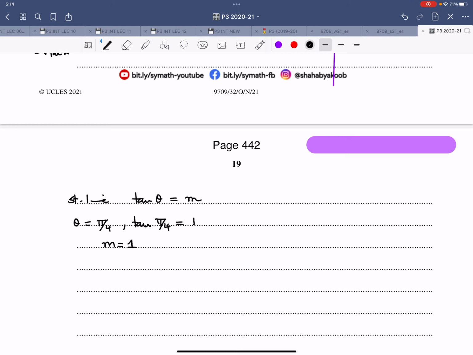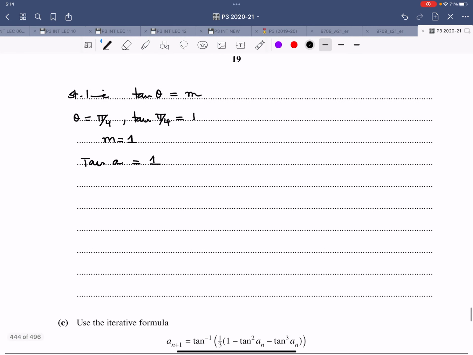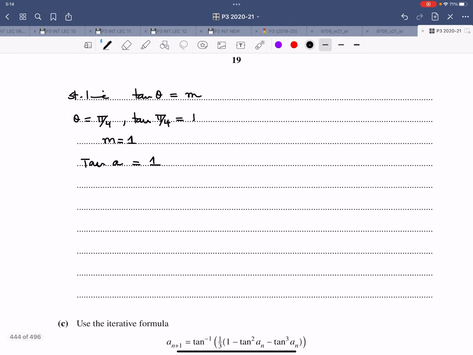But can I also write it this way, that one of the values of tangent A should be 1? So this is also possible. So therefore, let tangent A equal t. So t equals 1. That means t minus 1 is a linear factor. That is the thing that was missing.